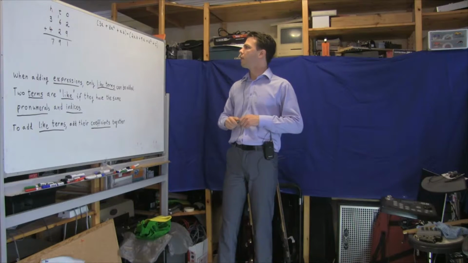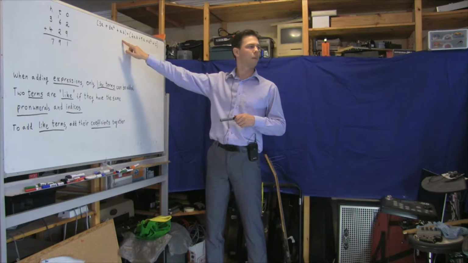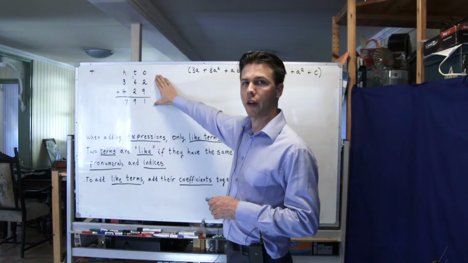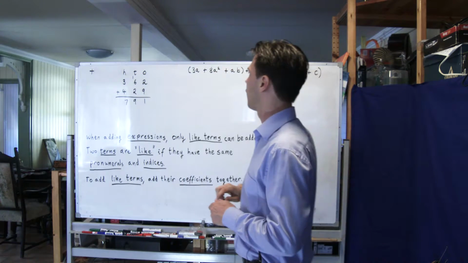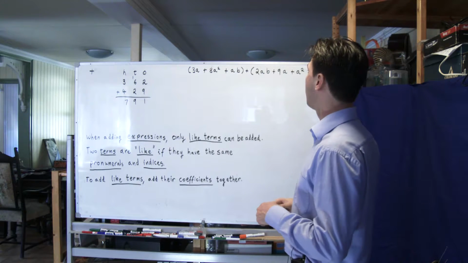So, before I go ahead and do this, I'm going to rewrite it in this style, and I'm going to use a special order here. Like I had hundreds, tens, and ones.